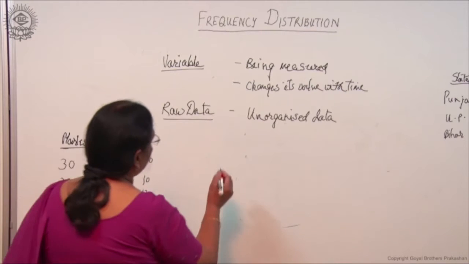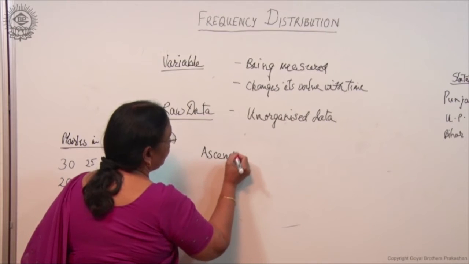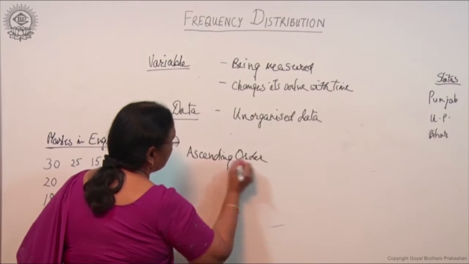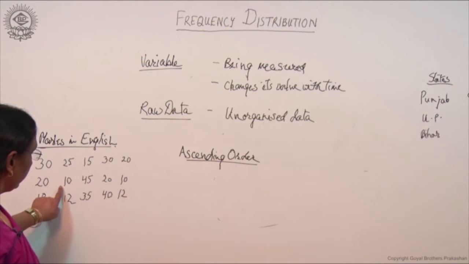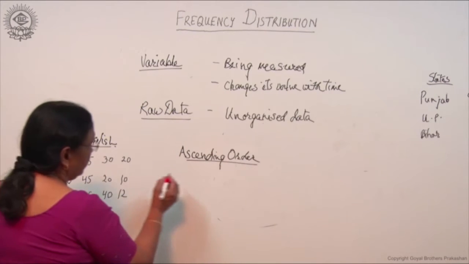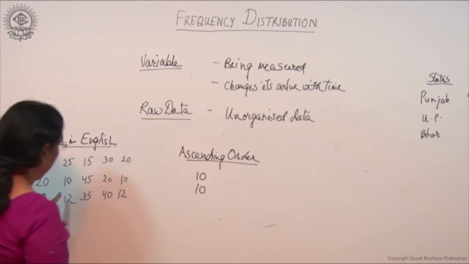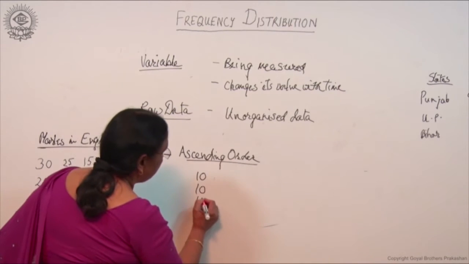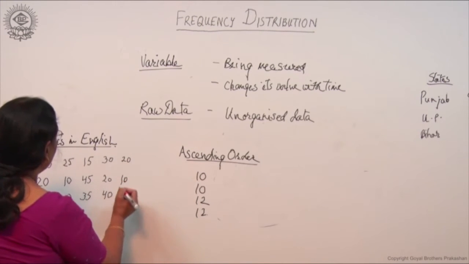Now let us arrange the data here. First we will arrange in the ascending order, right? Now how to arrange the data in the ascending order? Ascending means you rise up. In this case, first you have to see which is the lowest data over here. Here 10 is the lowest one, again 2 times 10, then the second lowest is 12, again 2 times 12, and then 15.